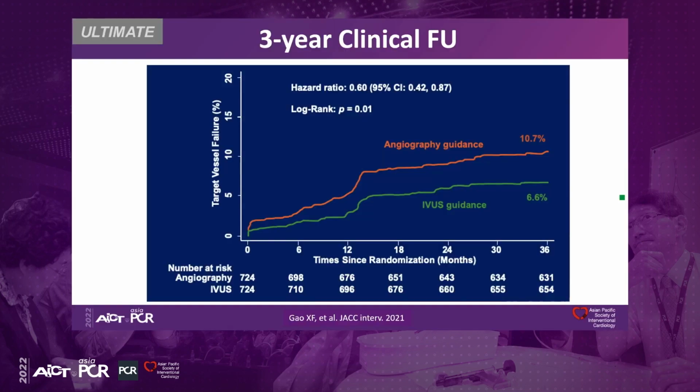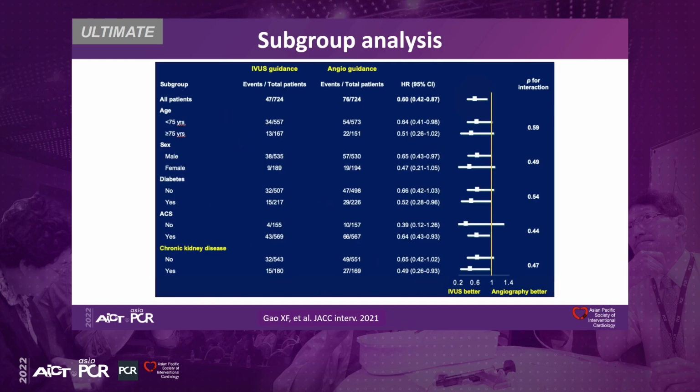So we also extended the follow-up to 3 years. At 3-year follow-up, IVUS-guided DES implantation sustained the benefit over angio guidance, 6.6% versus 10%. Next. In the subgroup analysis, you can also notice that in CKD patients, the IVUS guidance sustained the benefit over angio guidance.